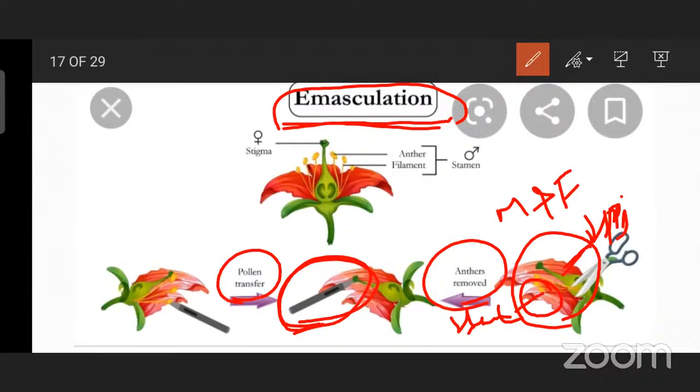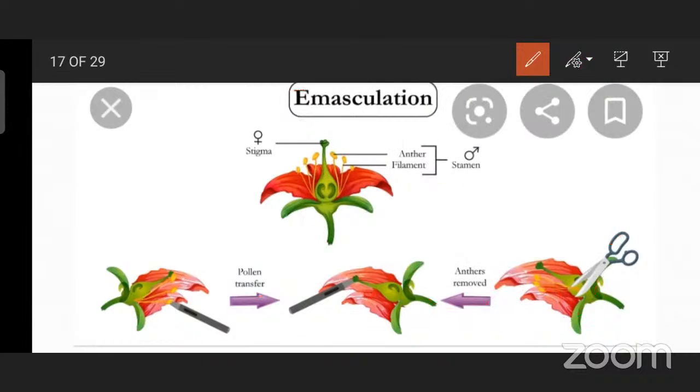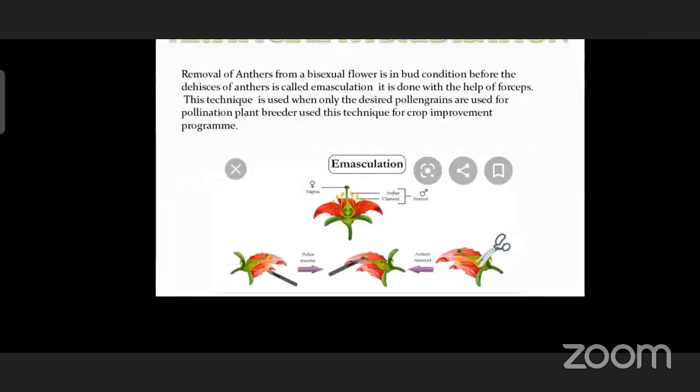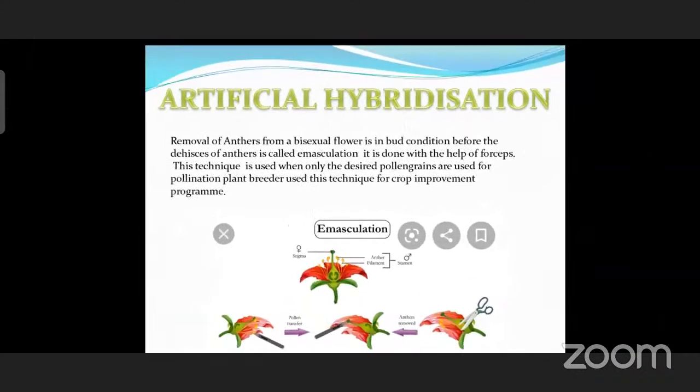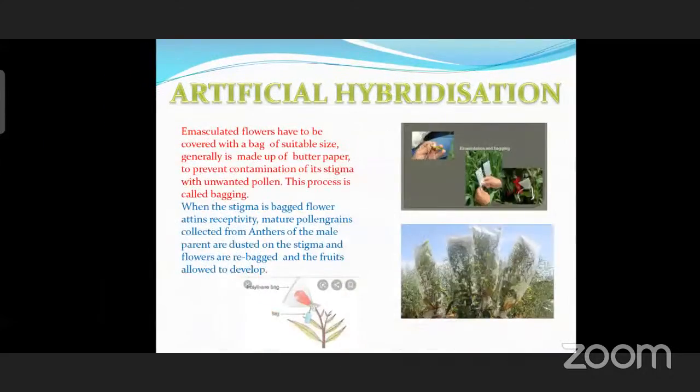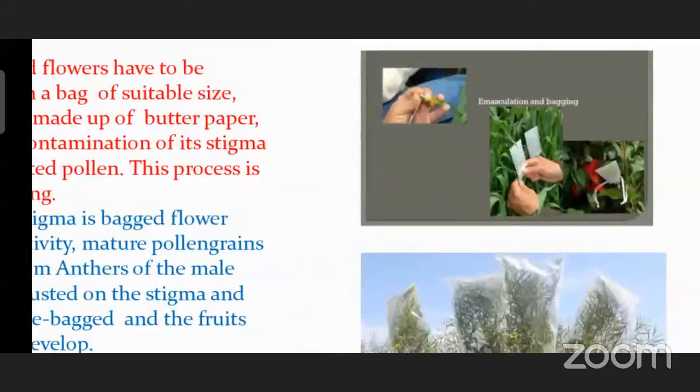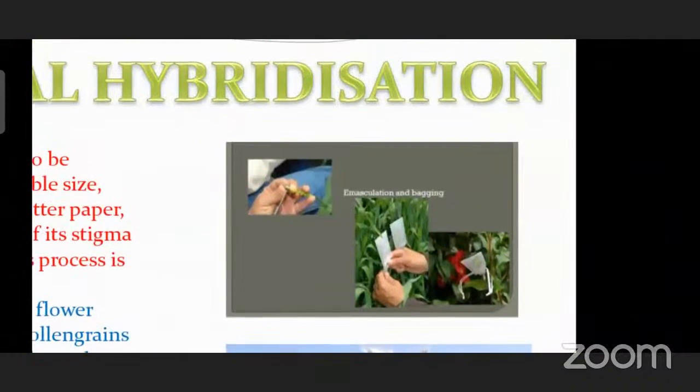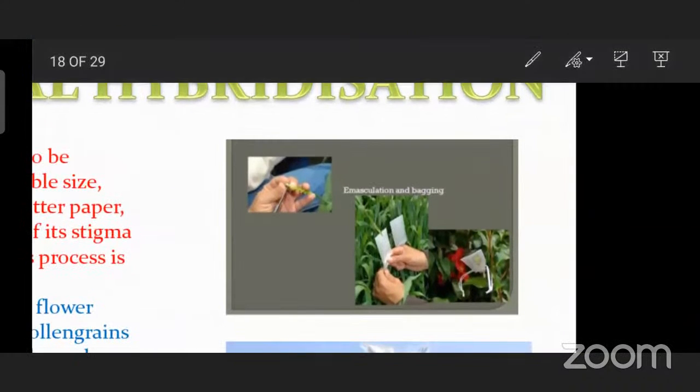So emasculated flowers have to be covered with a bag of suitable size, generally made of butter paper. See here, the anthers are removed from the flower bud condition.